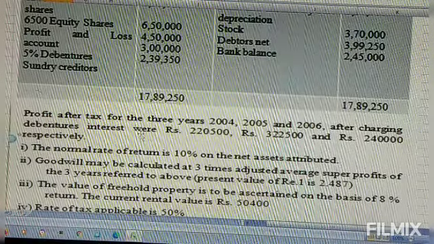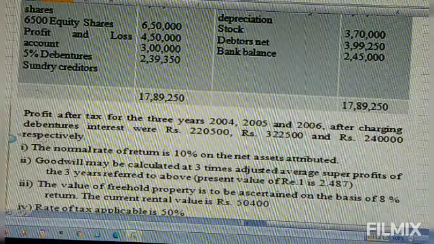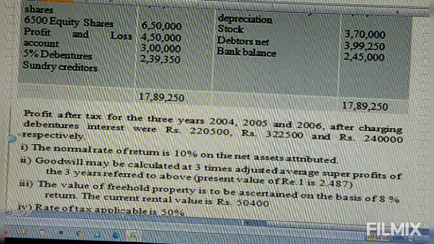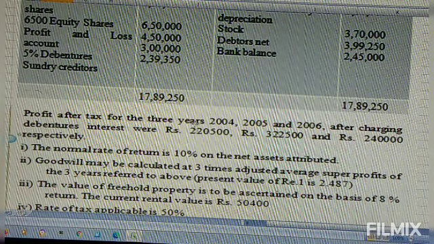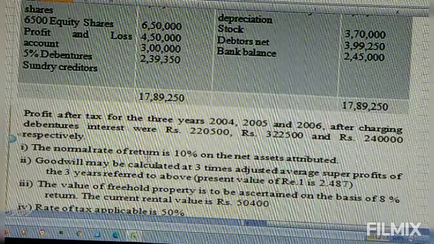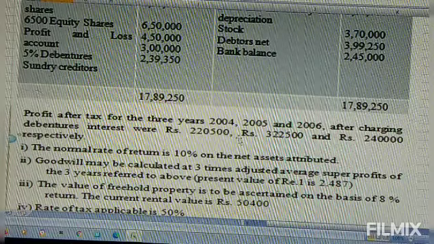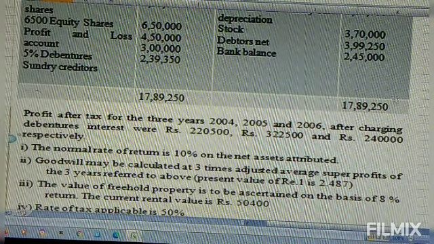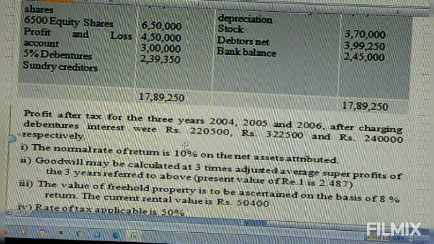Now some information is given. Let us go through the information, afterwards we will try to solve this problem. Profit after tax for the three years 2004, 2005 and 2006, after charging debenture interest, were rupees 2,20,500, rupees 3,22,500 and rupees 2,40,000 respectively.